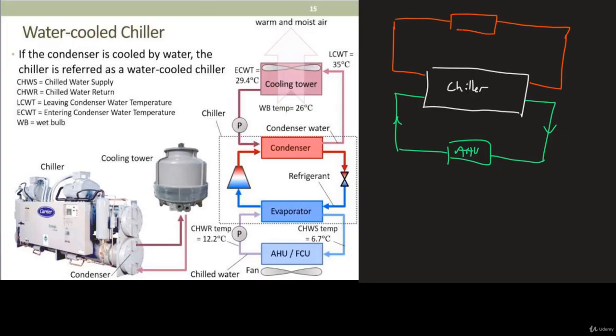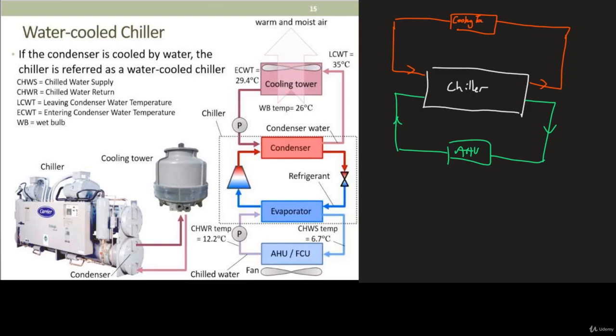Your condenser is being cooled down by water, and after the water gains heat from the condenser, it must be rejected somewhere. That is when you are going to use this additional equipment, which is called a cooling tower.